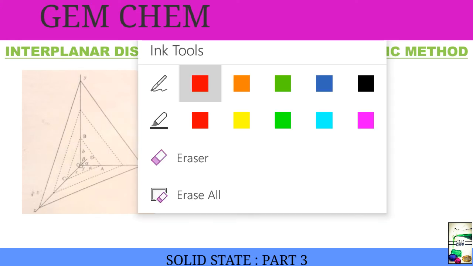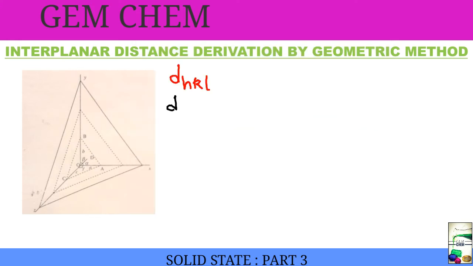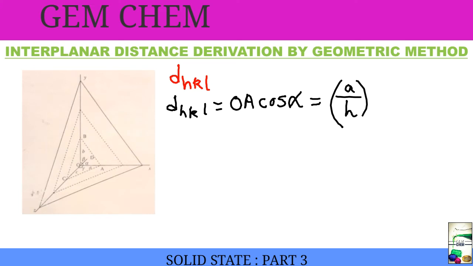So we can write it like this, that is d_HKL is equal to OA cos alpha, and OA can be written as a by h, so a by h cos alpha.